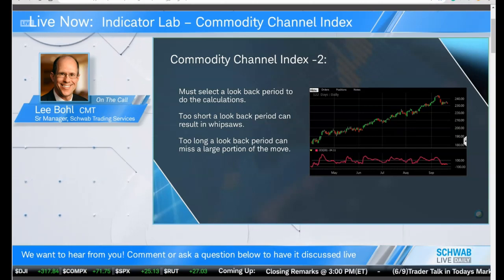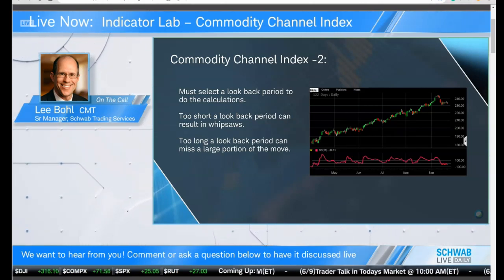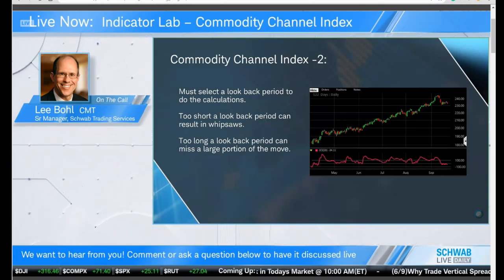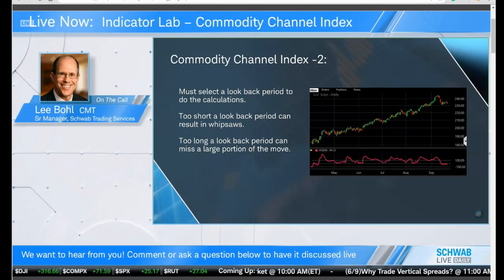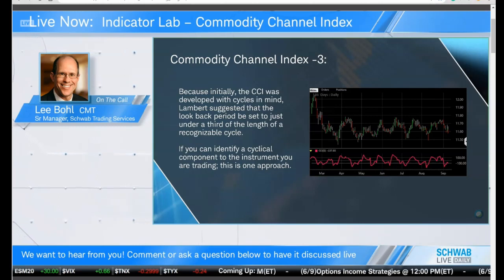On the other hand, to smooth out the whipsaws, you can lengthen the look back period. The problem is if you lengthen it too much, then too much of the move already has happened before the indicator picks it up. So it is always a balancing act between sensitivity and getting in too late.